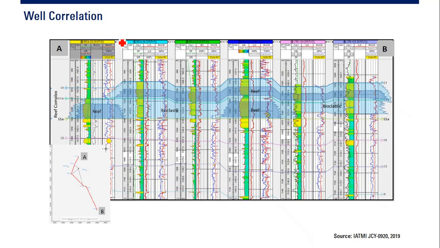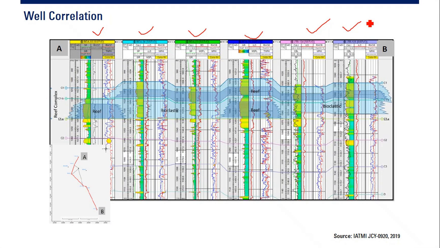And at one side, we have the map. At another side, we have well correlation. You can see we have the log of well 1, another log, log, log, and log. And we arrange the logs with their corresponding position. And we have well correlation. I think you already know about this in another lecture, okay?